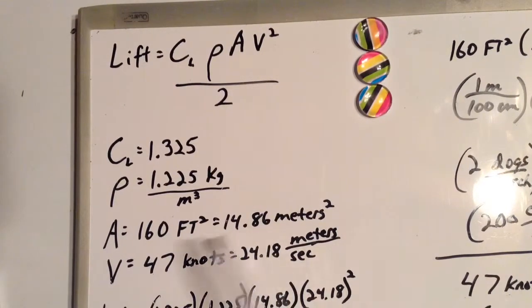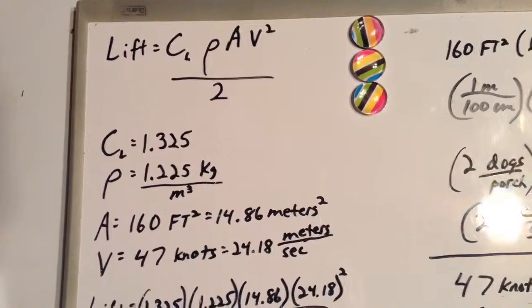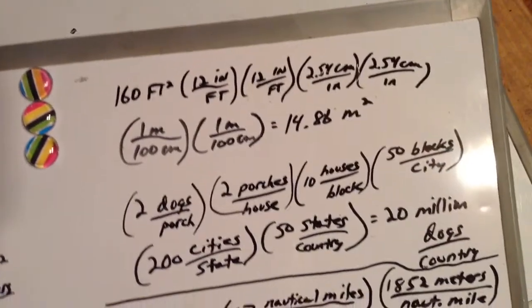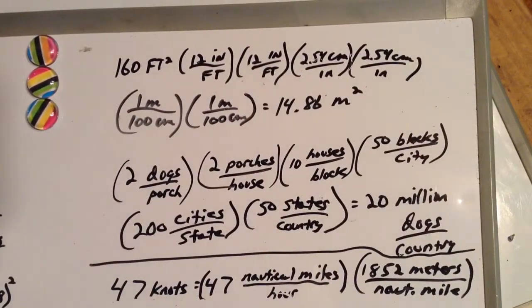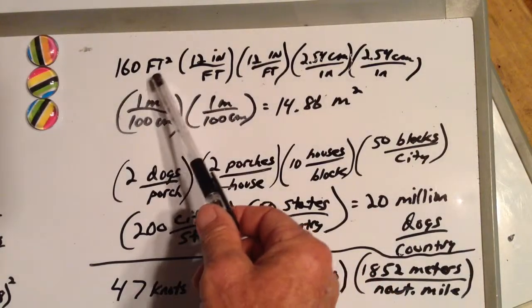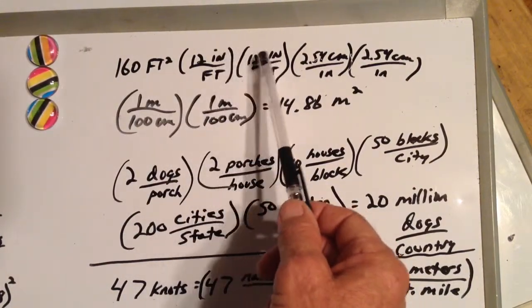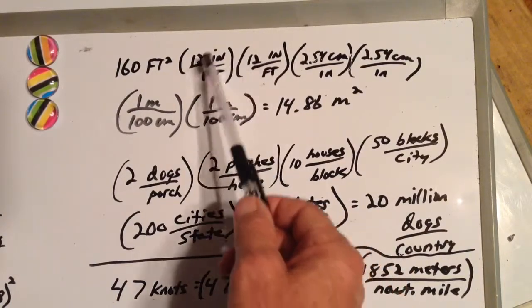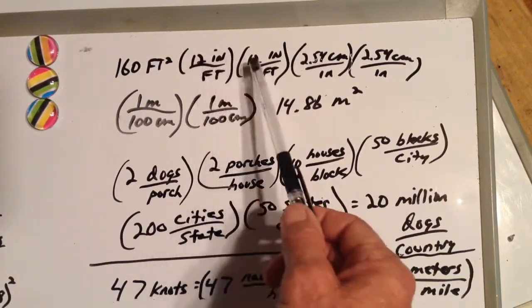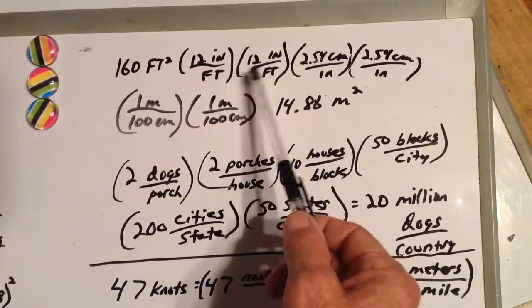Okay, let's turn our 160 square feet into meters. I told you right here it's 14.86, but here's how we figure it up. Okay, we multiply the number of feet squared we have times inches squared per foot squared. There are 12 inches per foot, so there are 144 square inches per square foot.